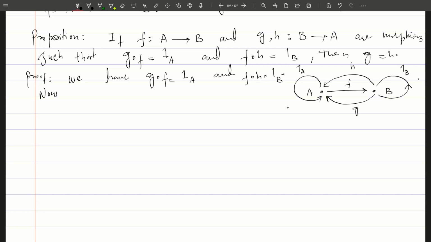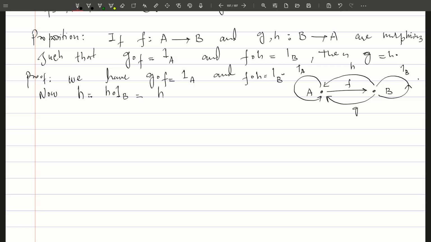So now we can write H as INT morphism on B followed by H. So this is a morphism from B to A, because first we have to go via 1B, which is a map from B to B, then followed by H, which is a map from B to A. So the resultant map will be a map from B to A. So by definition, these two maps are equal.